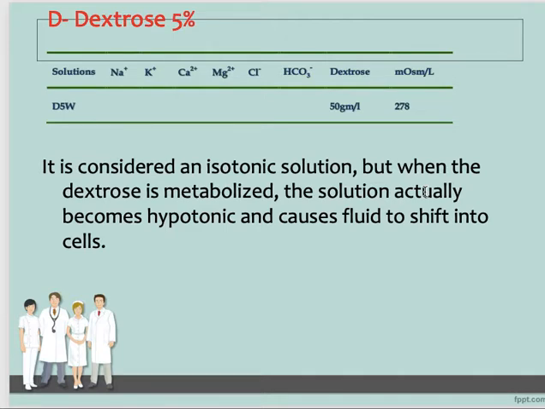So when you give someone dextrose 5 water and the glucose is metabolized, the tonicity will become hypotonic. So the fluid will start shifting inside the cell to maintain homeostasis, right? So this is dextrose 5 water.